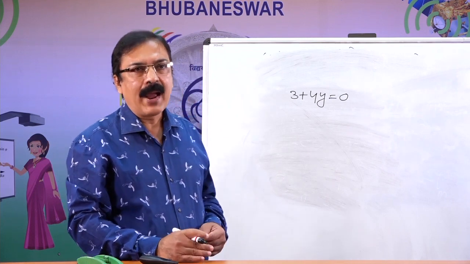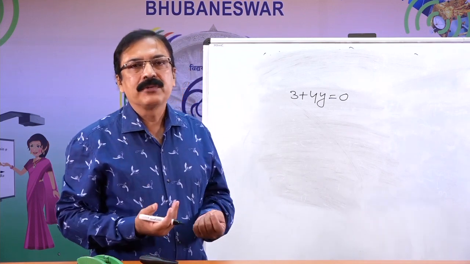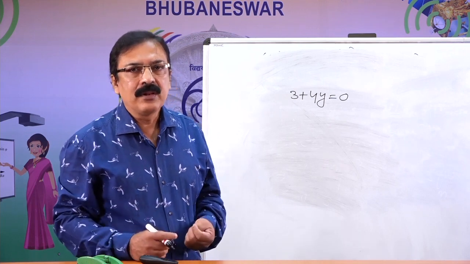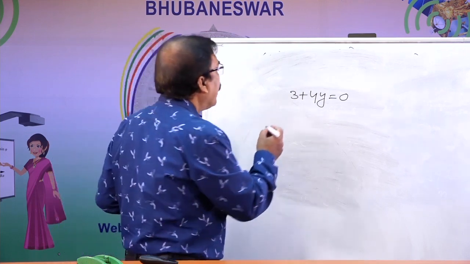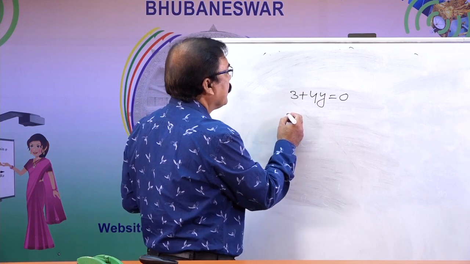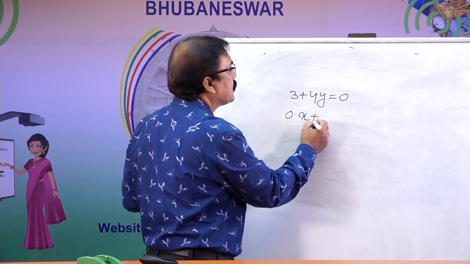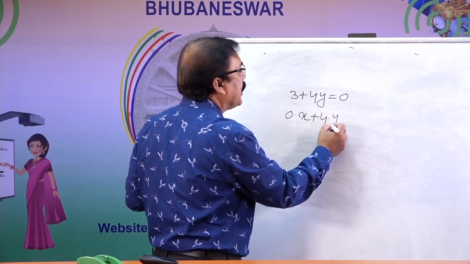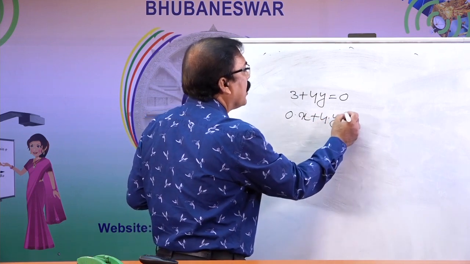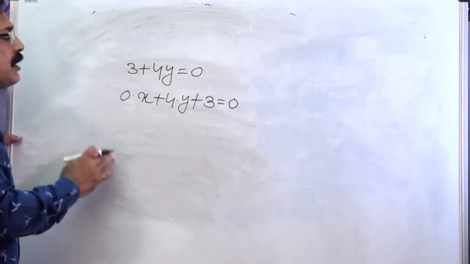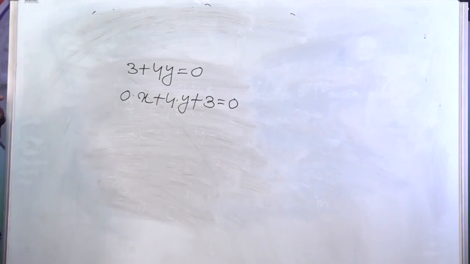Now to find its solution as an equation of two variables, let's write it like this: 0 into x plus 4 into y plus 3 is equal to 0. We can rewrite this equation in this form.